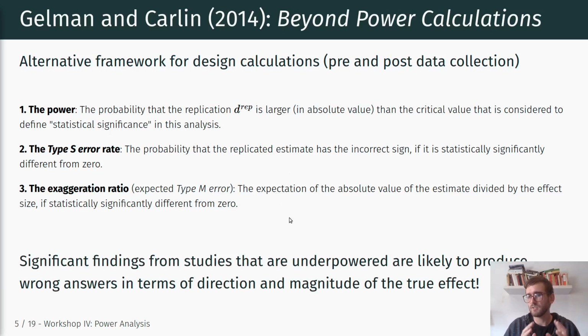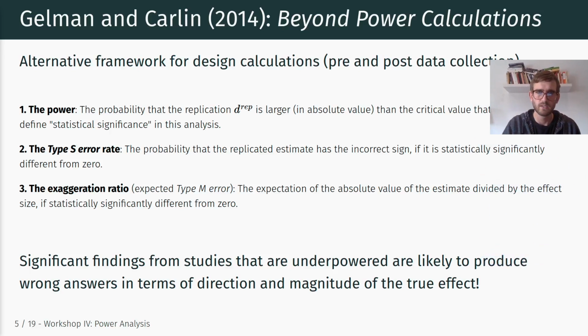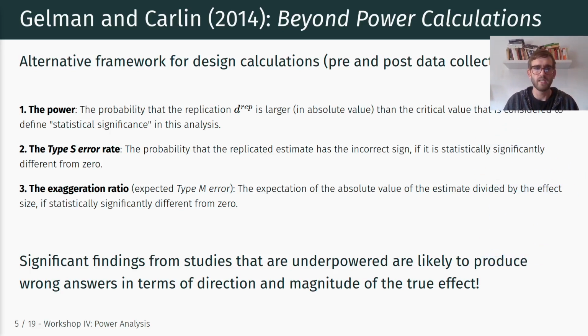Okay, so the key point, and I have to move myself a little bit here. Oopsie. Is that significant findings from studies that are underpowered are likely to produce wrong answers in terms of direction and magnitude of the true effect. So if we have studies with small sample sizes that are underpowered, we can still find significant effects.